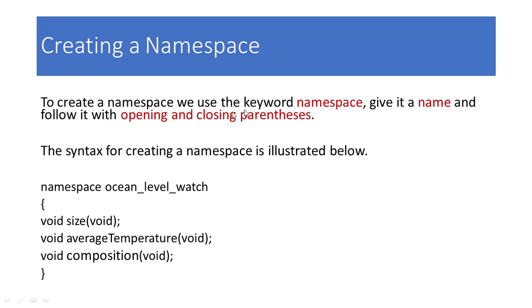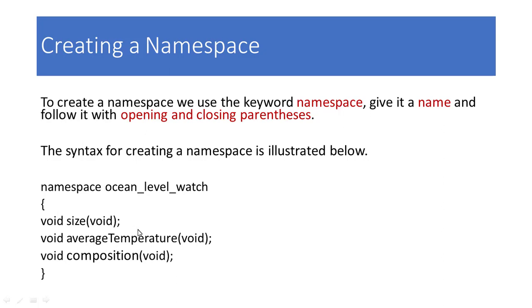Looking at this sentence here on how to create a namespace, we started with namespace, which is the keyword here. Now we give it a name, which is this. Then the opening and closing braces, this one and this one. In between the opening and closing braces, we enter the code that we want to enter.